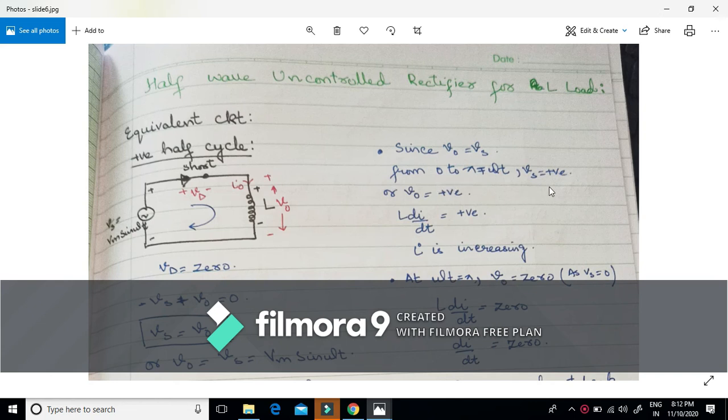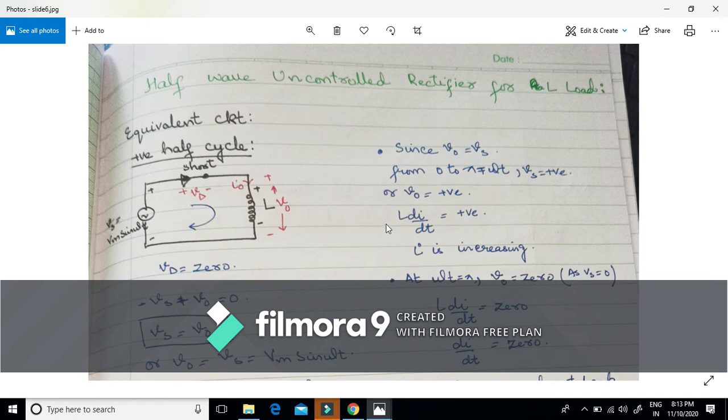Since from 0 to pi we have the positive cycle, V output is basically our voltage across the inductor, that's equal to the source voltage. Since our source voltage is positive, V output is equal to VL is equal to Vs, positive.